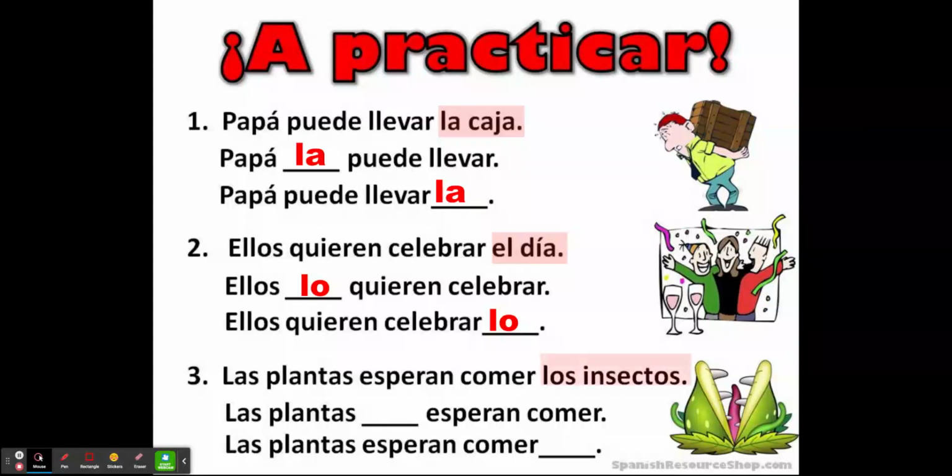And then los insectos, las plantas esperan comer los insectos. Las plantas los esperan comer. So you have two verbs here. It goes in front. And then the second way, the second form, you make a new word. Las plantas esperan comerlos.